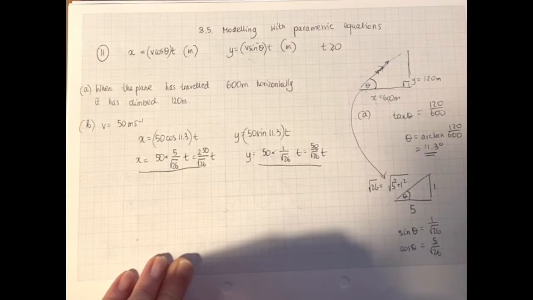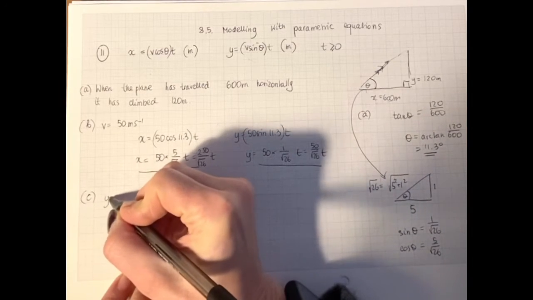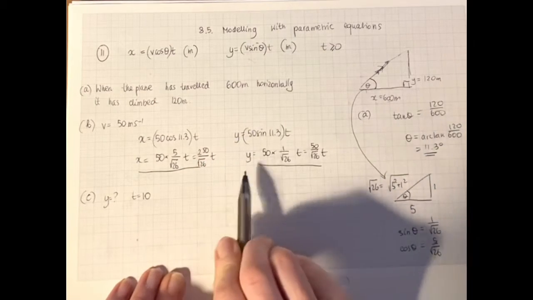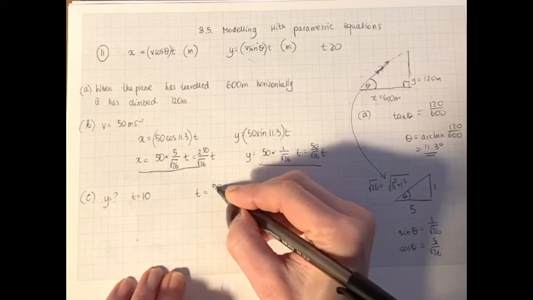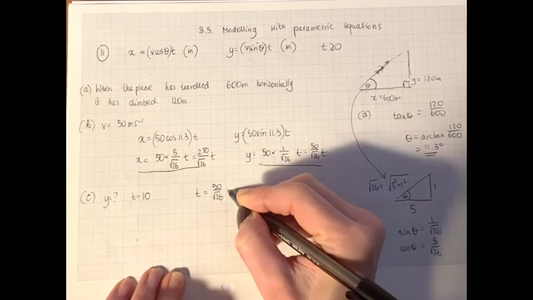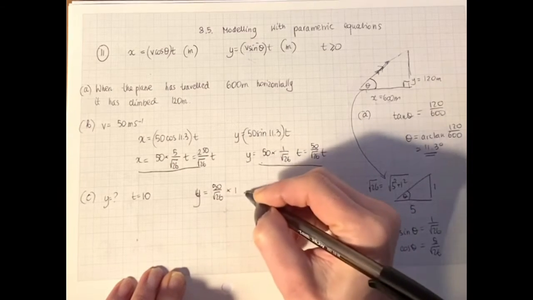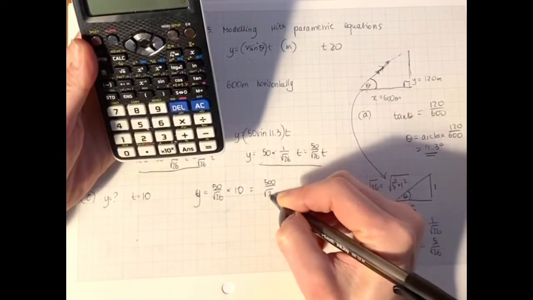For part C, we find the vertical height of the plane after 10 seconds. So the vertical height, what is y, when t is equal to 10 seconds. So we are going to put into this equation 50 over root 26, multiply that by 10, so it's 500 over root 26.